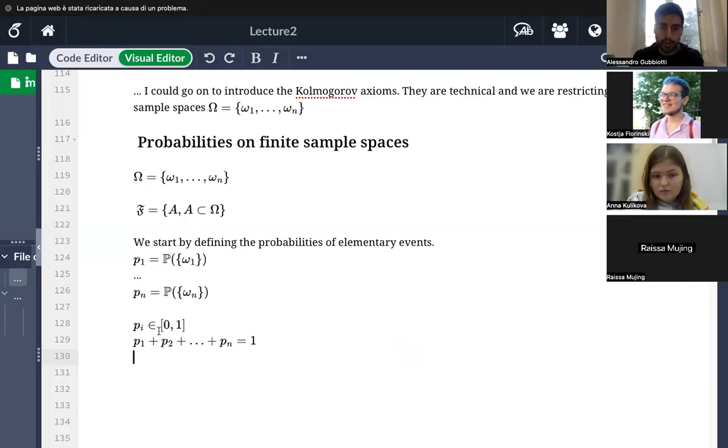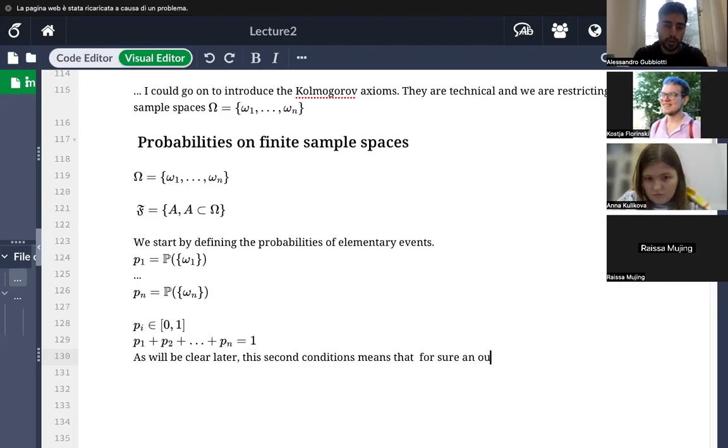It will be clear later, but this second condition means that for sure an outcome in omega will happen. So we did not leave out anything from this sample space.